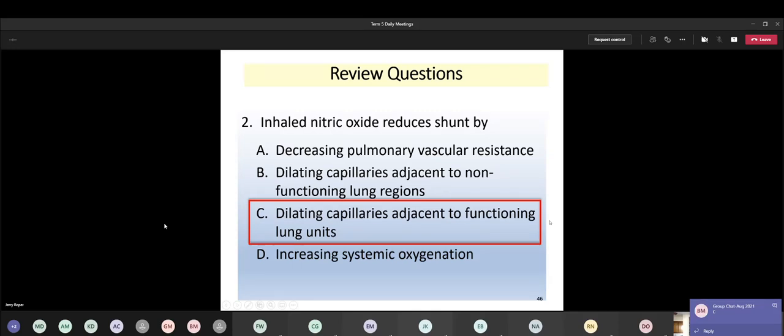It's going to dilate those areas and bring even more blood to those areas, and it'll leave the bad areas alone. Because the last thing you want to happen with the bad areas of the lung is to bring more blood there, because there's not going to be any gas exchange. You're just going to have a worse shunt. And therefore, your iNO is going to just focus on the areas that are not bad.